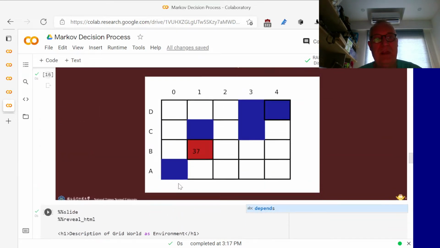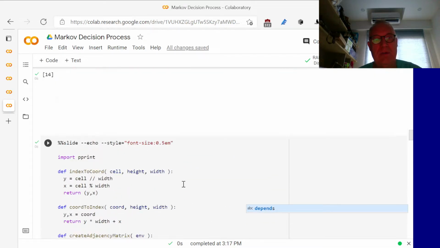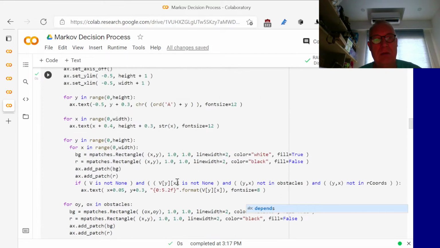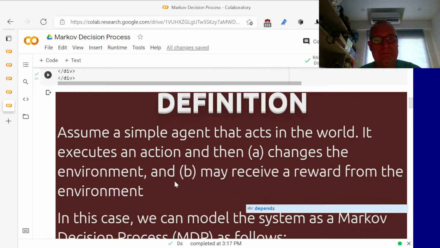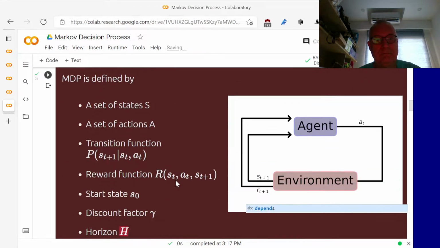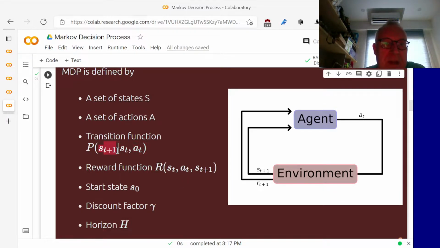you can see in the definition here for our state transition function and our reward function. Here, that state transition function defines what the next state is, so the probability of getting into the next state, s t plus 1, given s t and a t.